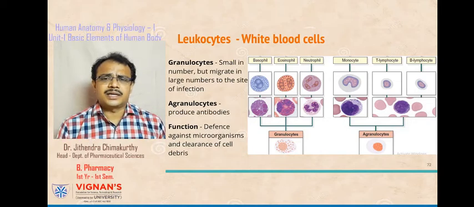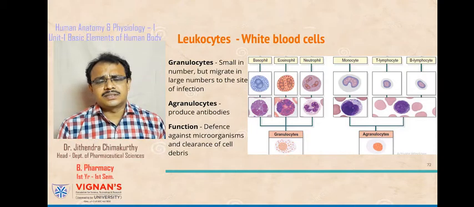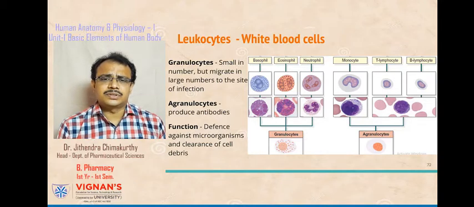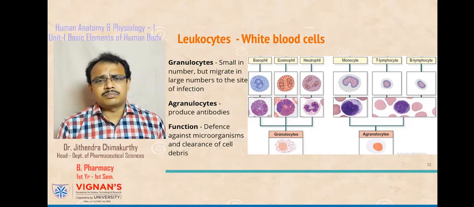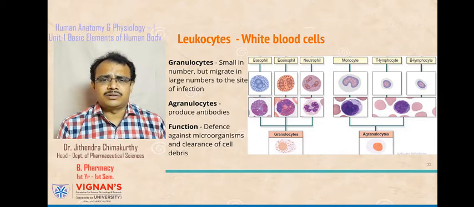Leukocytes are also called white blood cells, and these are once again classified into agranulocytes and granulocytes. Generally, leukocytes are less in number in the connective tissues, but during the time of infection, a large number of neutrophils, which are a type of granulocytes, will migrate to the site of infection.